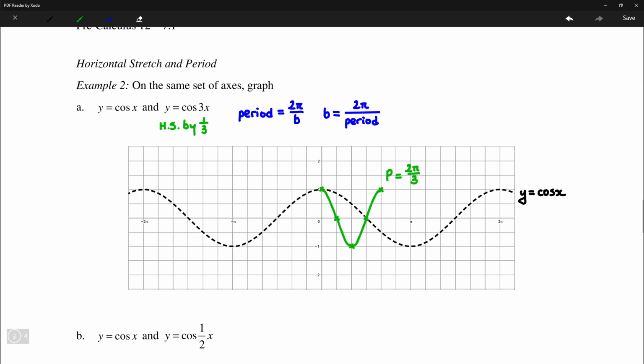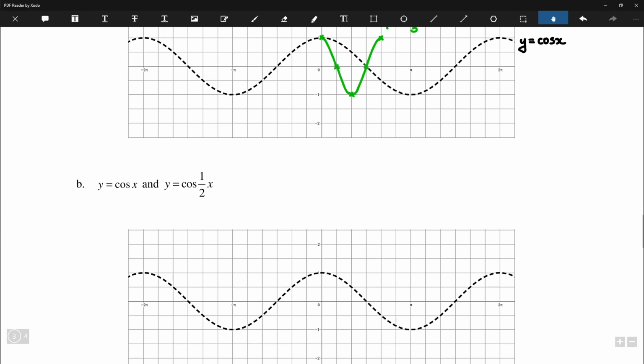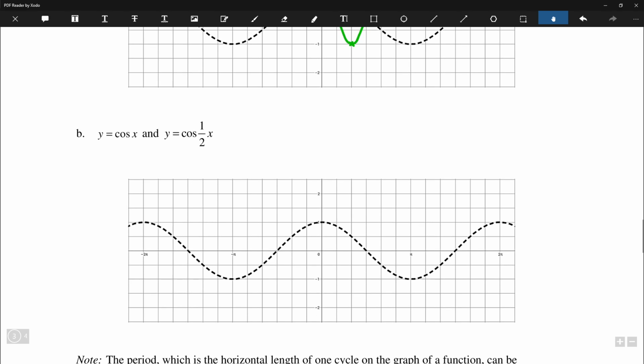Okay, so next part, very similar. We're once again given the graph of y equals cosine x, and we're to graph y equals cosine 1/2 x. So this is y equals cosine x. Now this time around, of course, we have a horizontal stretch by 2.